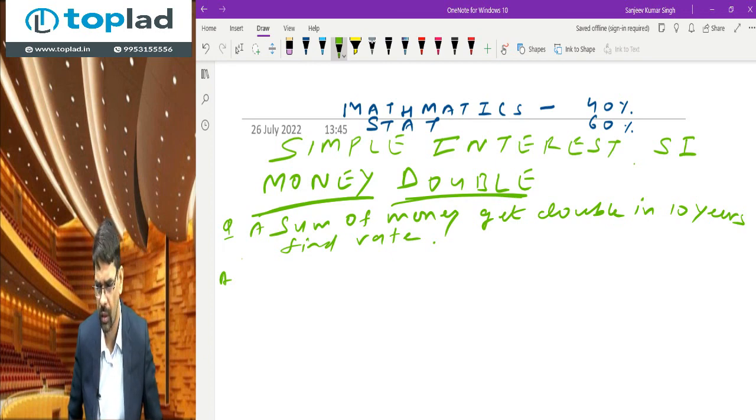Friends, TopLad is the place where you can get good marks, you get tips and tricks, and solve the question in very few seconds.